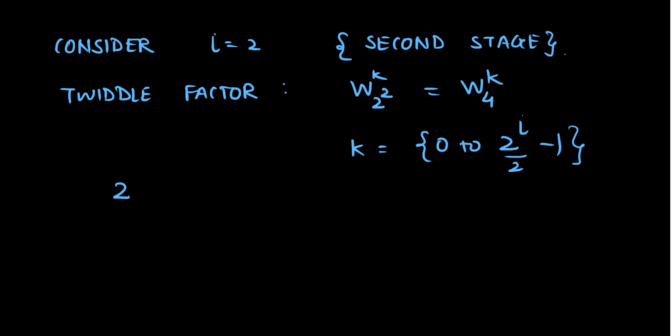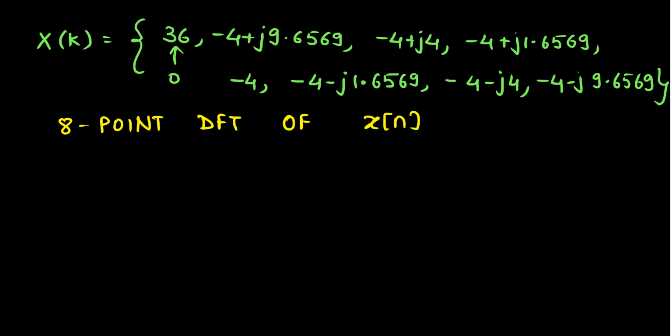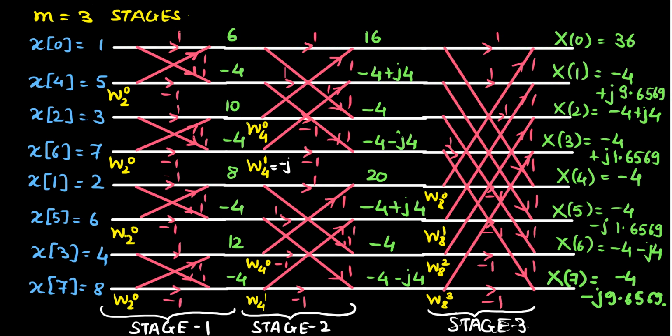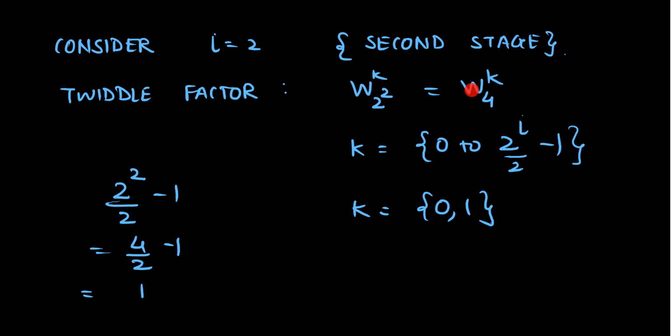So we have 2 to the power 2 by 2 minus 1, that is 4 by 2 minus 1, which is equal to 1. Therefore this k would be varying from 0 to 1. If we observe our structure, at the second stage we have W4 to the power 0 and W4 to the power 1. So the same thing is obtained here for the second stage: this twiddle factor is W4 to the power k, and this k takes the values 0 and 1.